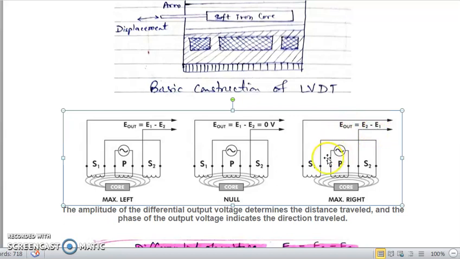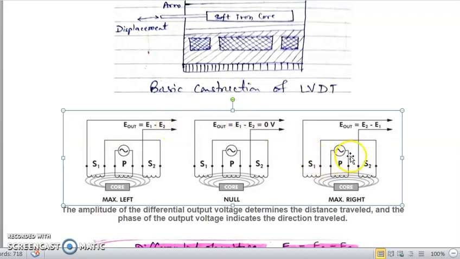Okay. Now if we take the general equation E1 minus E2, then for the left side movement, the left alignment of the core, the magnitude of E out will be positive. The positive value shows that it is moving left side, meaning direction can also be assigned and checked here with the resultant value of the output.